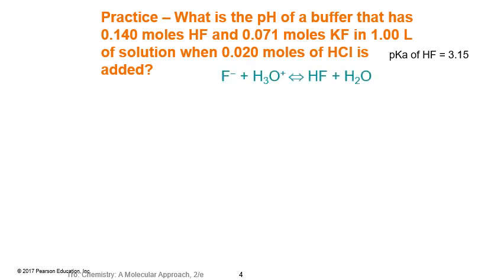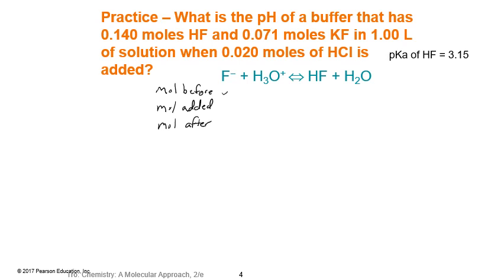If we're adding acid, it is going to react with the anion part, the conjugate base part of our buffer. So we're going to look at the moles that we started with: moles before the addition, moles added, and moles after.